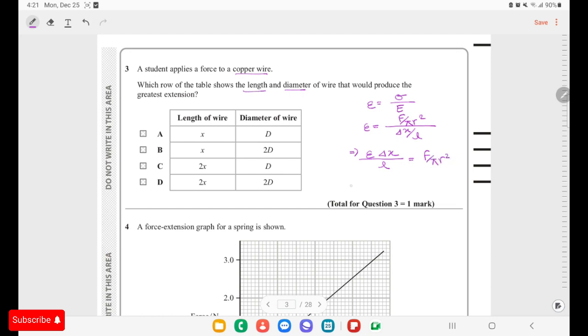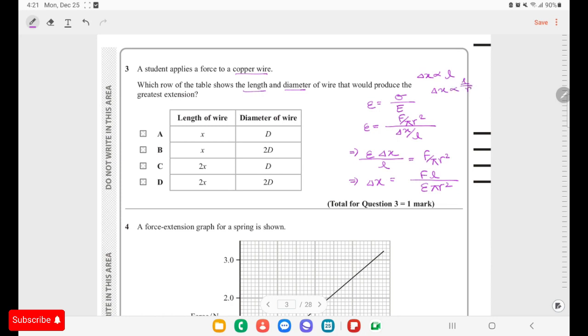Delta x is equal to FL over Young modulus times pi r squared. Okay, so as we can see, the extension is directly proportional to length, and inversely proportional to radius. So in this situation, you are supposed to have a smaller radius and a larger length, because extension is directly proportional to length, whereas extension is inversely proportional to radius.